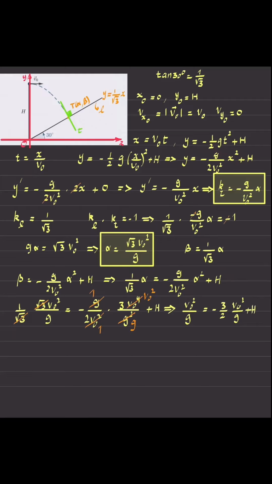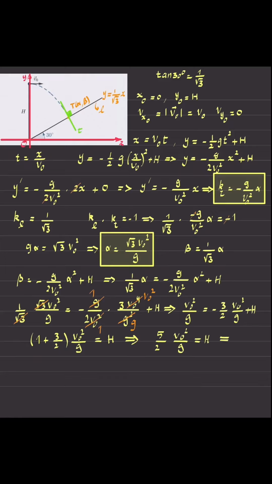And now I will move this to the other side and factor v naught squared over g. So I will have 1 plus 3 over 2, times v naught squared over g, is equal to h. If I simplify this, it is just 5 over 2. So it becomes 5 over 2 v naught squared over g is equal to h.